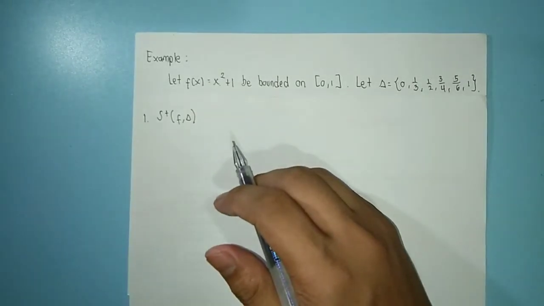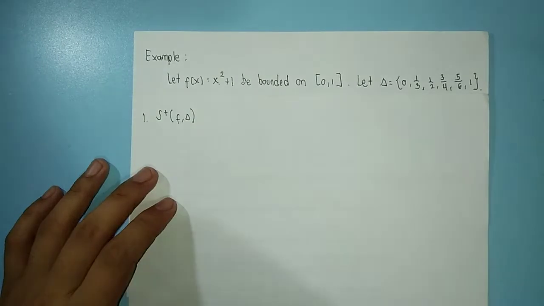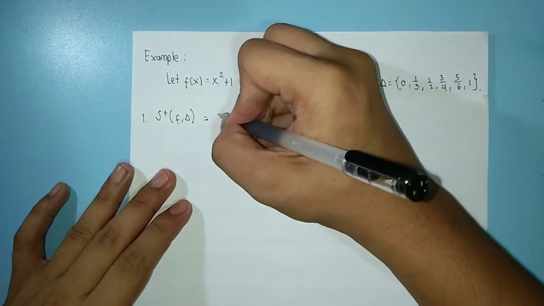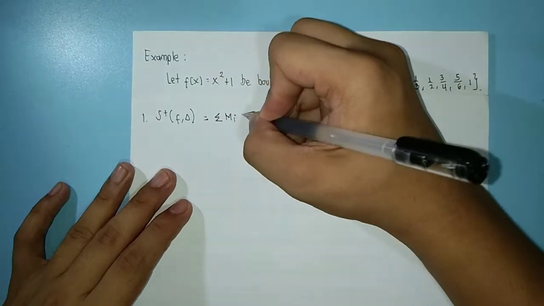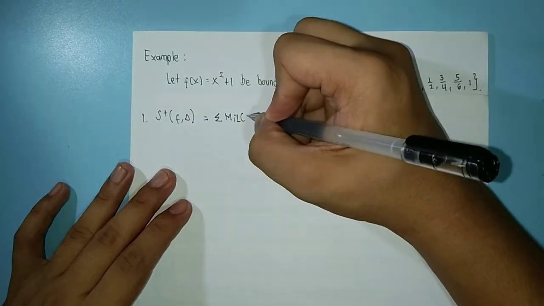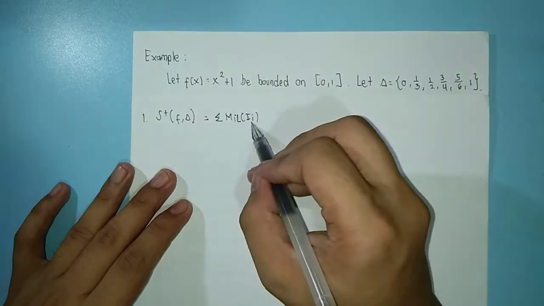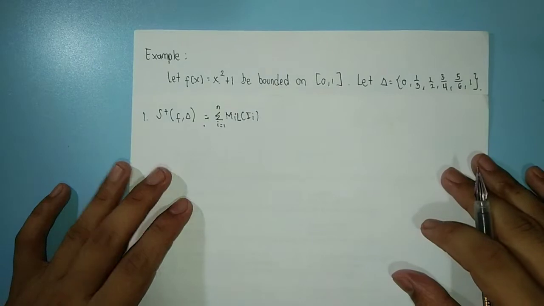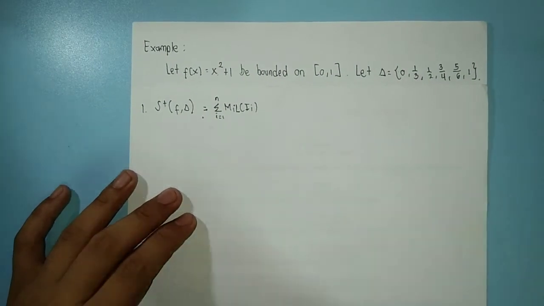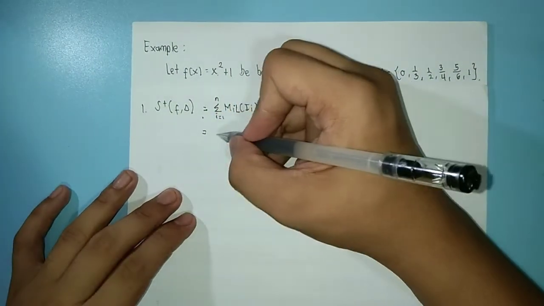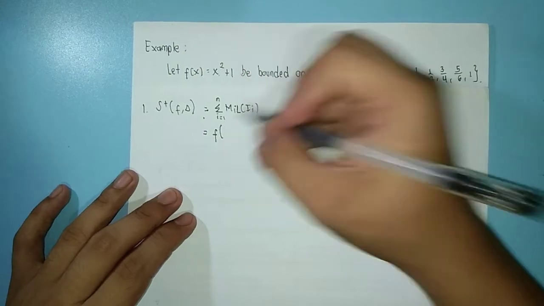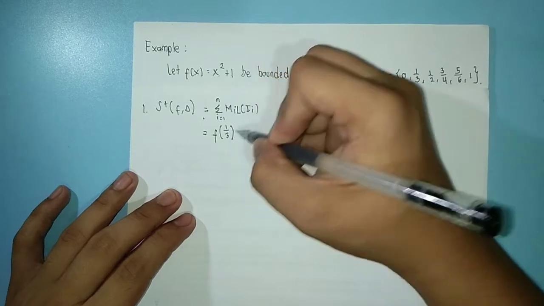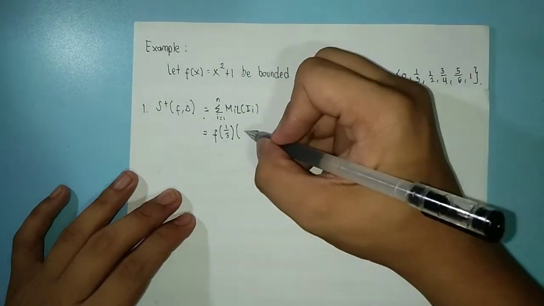Hanapin natin yung upper Darboux sum nito ng function with respect to our delta. So, by definition, this is equal to summation of m sub I, L of I sub I, or length ng I sub I, from 1 to n. Okay? This is equal to f of, ito unahin natin, 1/3, tapos yung length, that is 1/3 minus 0.